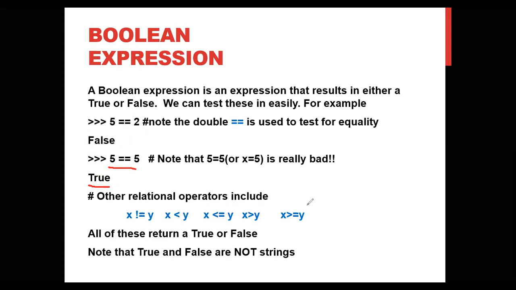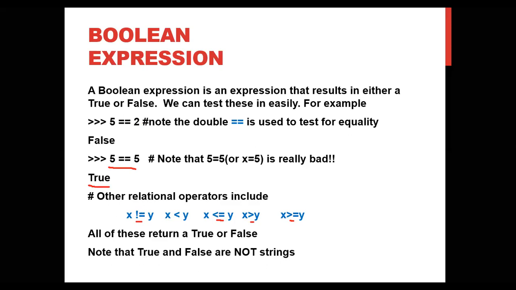Not only this equal to operator, there are some other operators in relational expressions: not equal to, less than, less than or equal to, greater than, greater than or equal to. All of these operators will return either true or false.